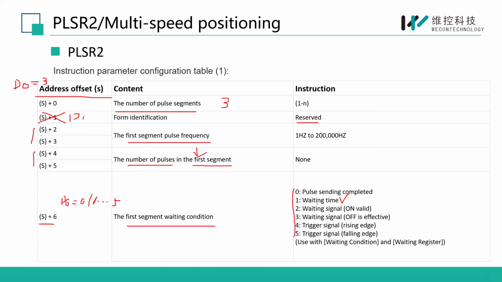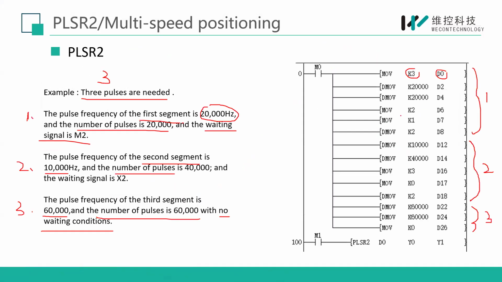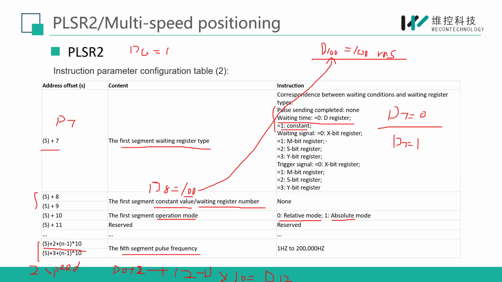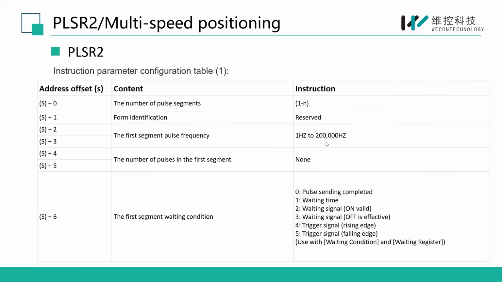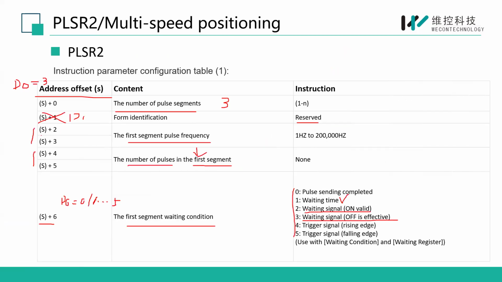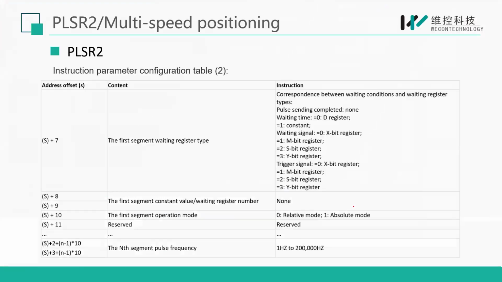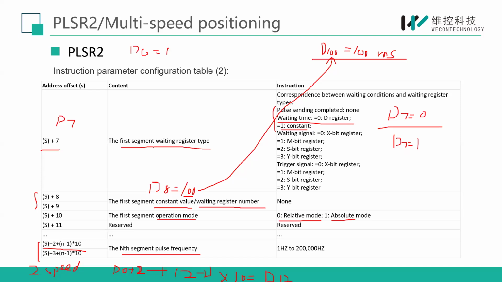First we need the waiting signal. Waiting signal is here, 2 or 3. For example, if I choose true, true means the waiting signal is on. And then I need to set the first segment waiting resistor type because we choose the waiting signal.